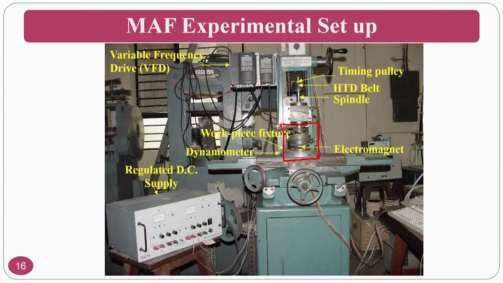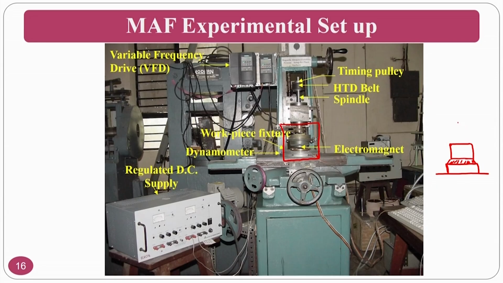So, the dynamometer is placed like this, on top of it there will be a workpiece, and on top of it there will be the magnet wherein you have the flexible magnetic abrasive brush. So, that flexible magnetic abrasive brush will form.